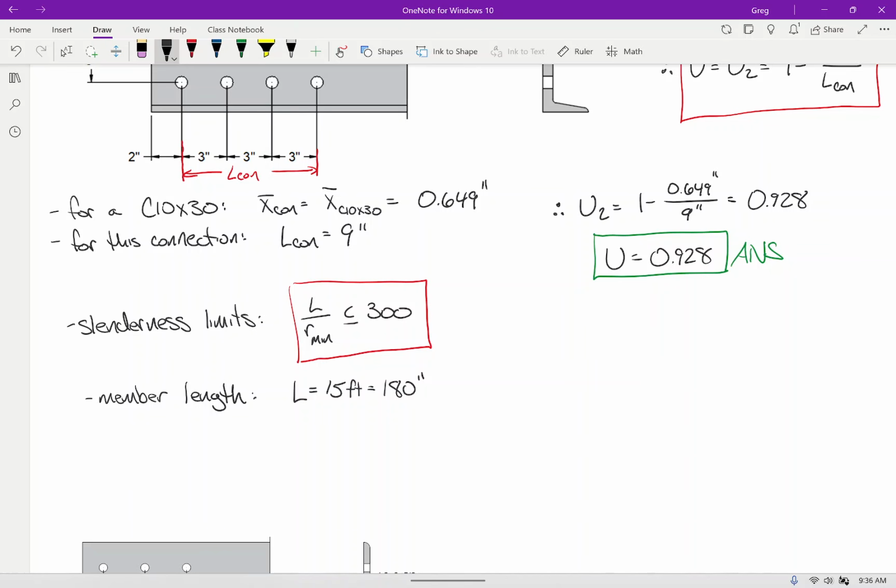Now, what about its minimum radius of gyration? Okay. Well, its minimum radius of gyration is really just going to be the minimum of Rx and Ry. So, let's make sure we can find these.